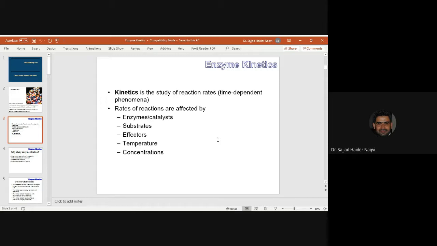So there could be different things that affect the rate of reactions, and we'll see how it actually works in the light of enzyme kinetics.